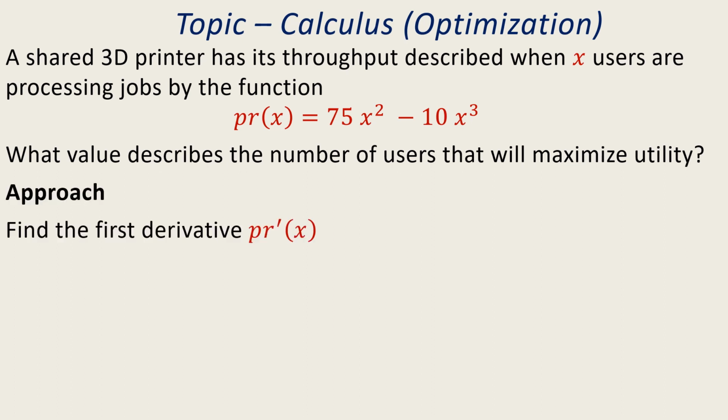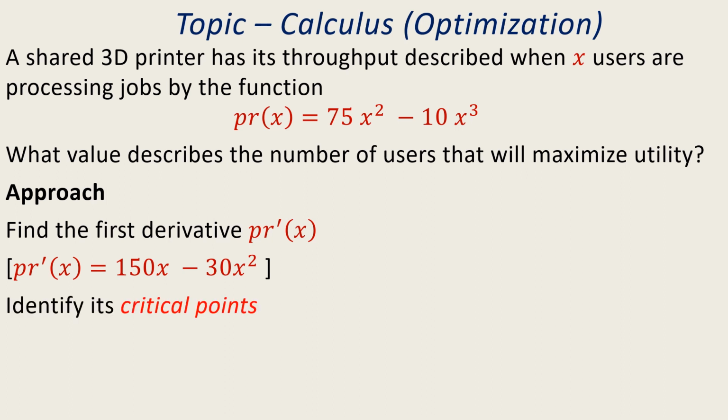So, how do we do this? Again, similar to the last question. The first step, find the first derivative. If we look at that, we have 75x squared, whose first derivative is 150x, and we are subtracting from that the first derivative of 10x cubed, which is 30x squared.